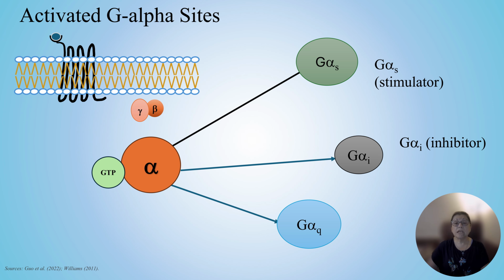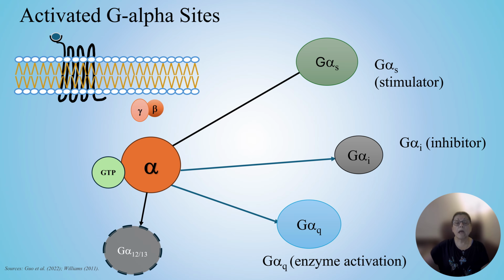Then we have the G alpha Q, which is an enzyme activation pathway. And then we have one more. This particular subunit is not often referred to because it is not as well known as the other pathways, and that is the G alpha subunit 12 and G alpha subunit 13.